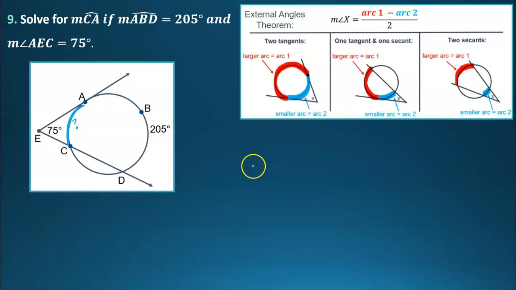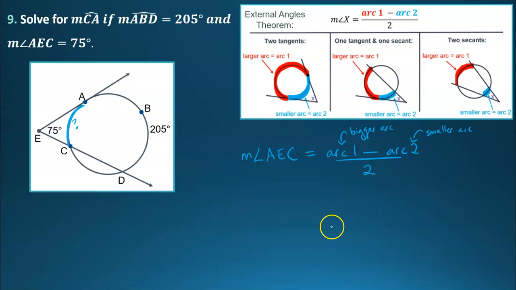We're going to use the same overall formula, which is the measure of that angle, AEC, is equal to arc 1, remember that's our bigger arc, minus arc 2, that's our smaller arc, over 2.